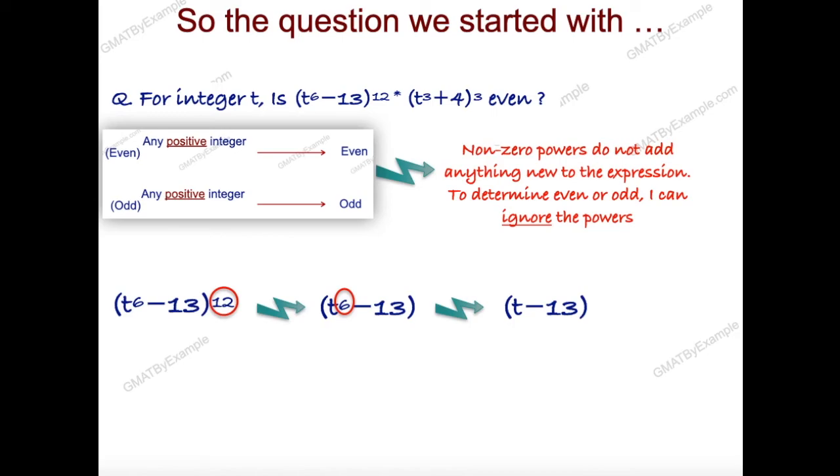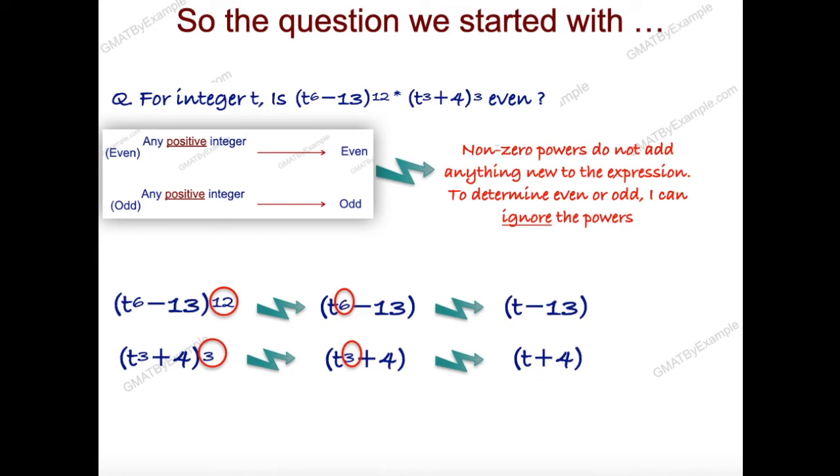So why not just work with the simpler expression rather than the more complex one, right? All right, so similarly, we do the same thing. We ignore the cubed in t cubed plus 4 whole cubed. We again ignore the 3 in t to the power of 3 and get to the expression of t plus 4.